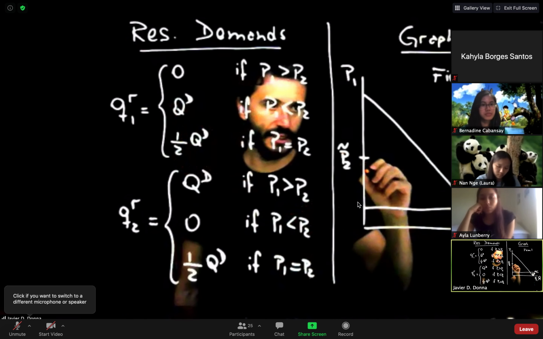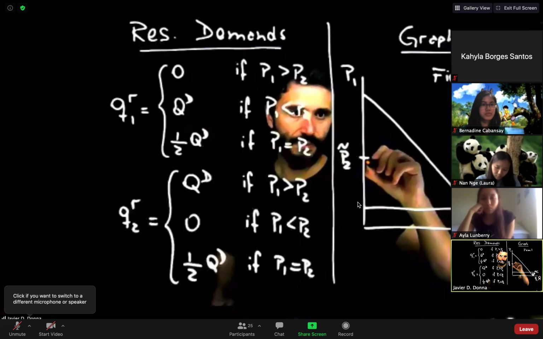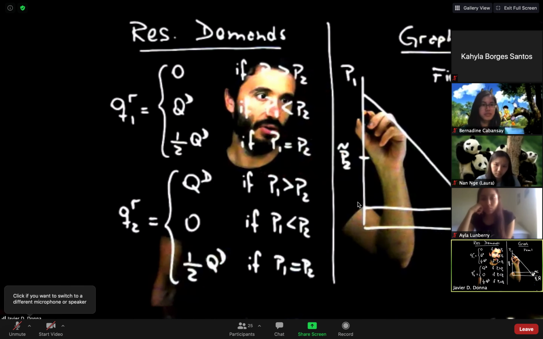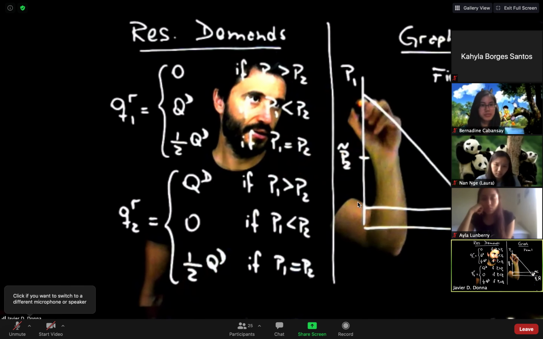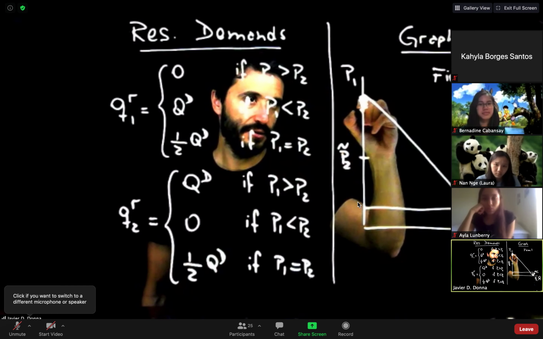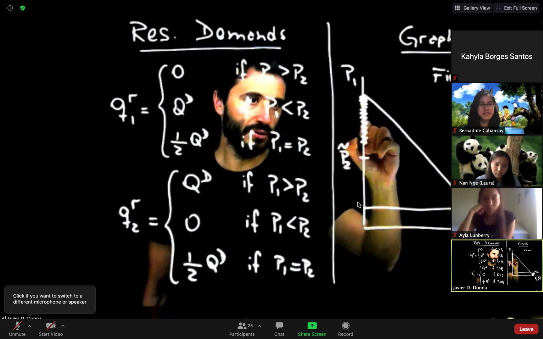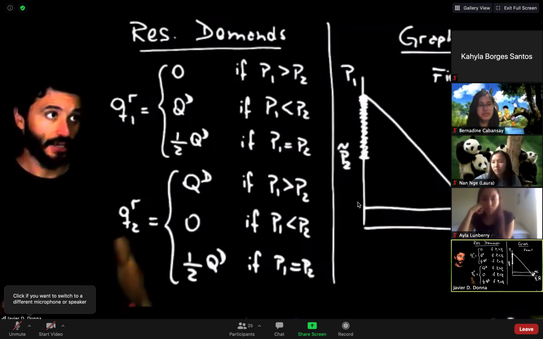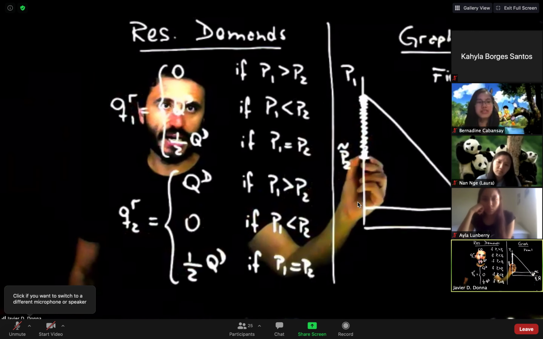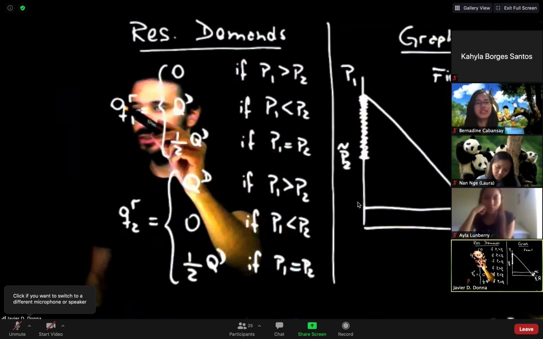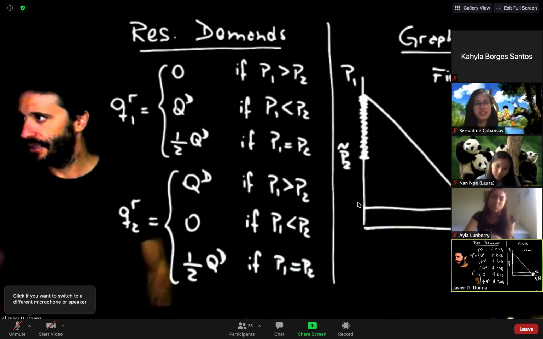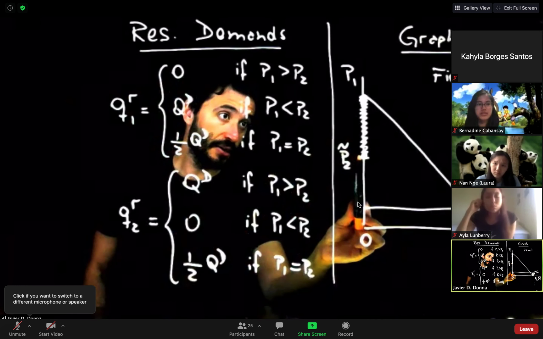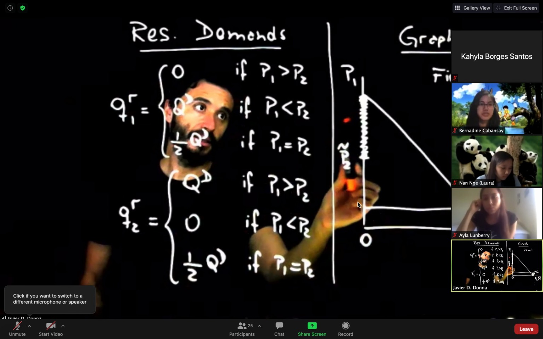So for all those prices, with this thick line, I'm graphing the residual demand.